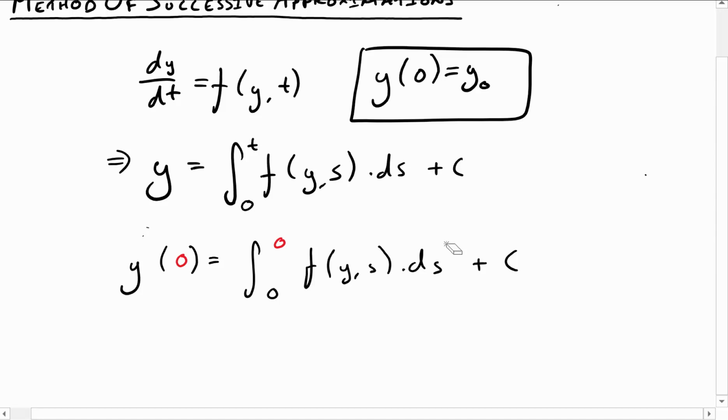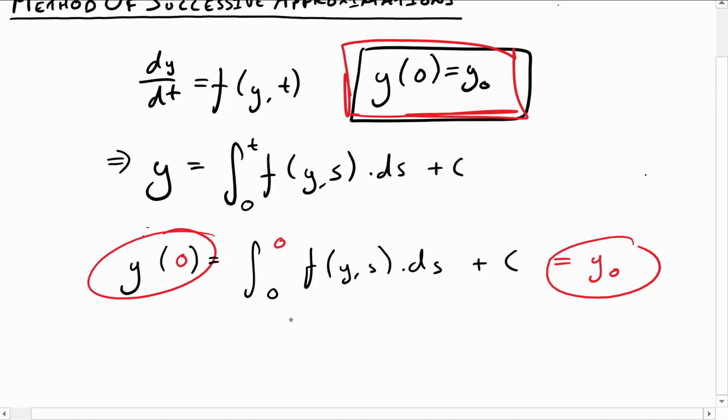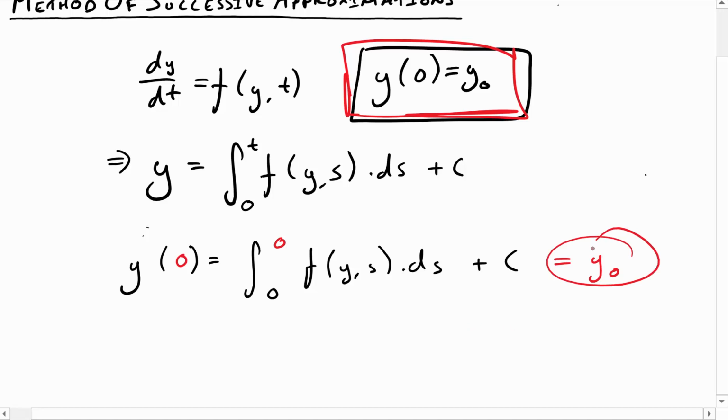When I sub a value back in, I don't get confused, hopefully you can see that. So what is this saying? Well, I know that y of 0 is equal to y naught from this thing up here. So when I sub t equals 0 into this thing, I should get y naught.